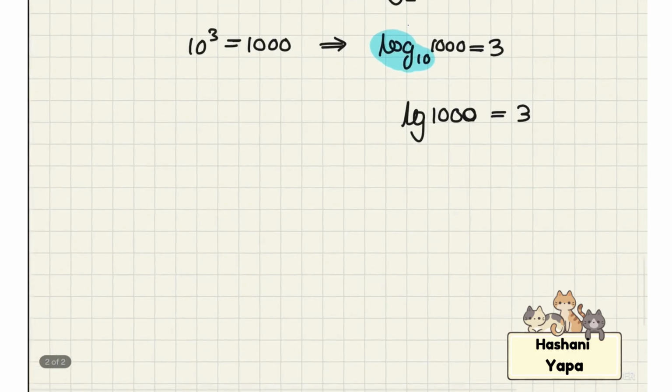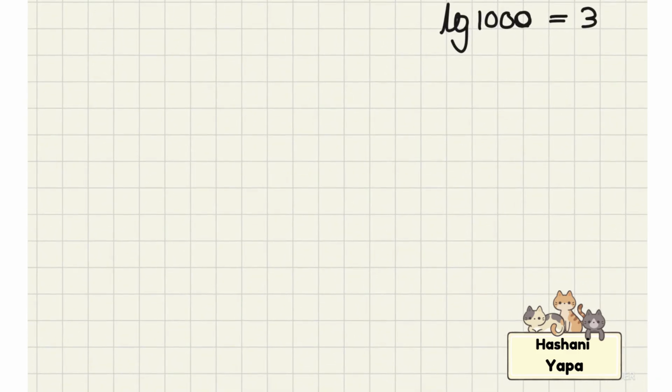Now what is this other letter that we get? E. What if we have something called e to the power a equals b? Now this e is not a normal letter like x and y. E is a special number that represents the Euler's constant.